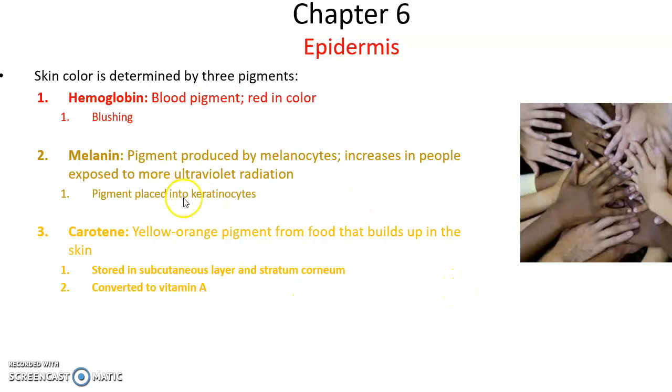And again, the pigment is placed into the keratinocytes. And then keratin. Keratin is a yellow-orange pigment from foods. It builds up in our subcutaneous layer and in the stratum corneum, and it can be converted into vitamin A, and that can give skin a slightly orangish yellow color. Melanin is the primary pigment for determining skin color.